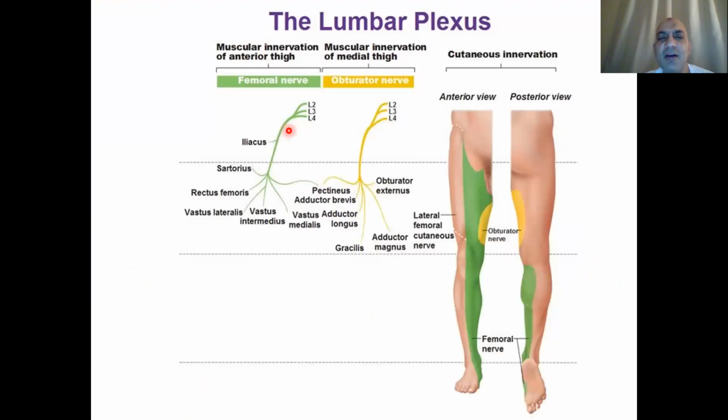So this is the final distribution of the femoral nerve and the obturator nerve, the cutaneous distribution of the femoral nerve and the obturator nerve, and both of them originate from the lumbar plexus. So this is a part of the lumbar plexus and the nerves of the lumbar plexus which are concerned with supply of the lower limb.